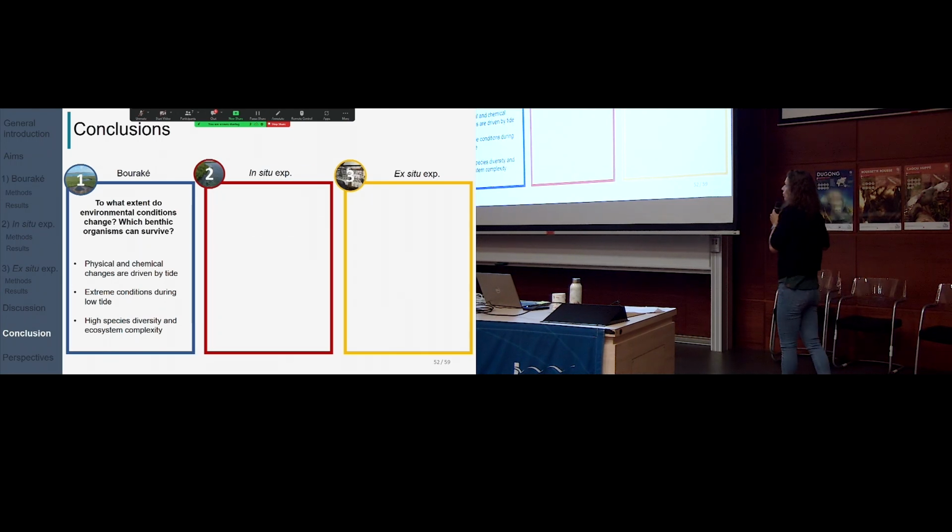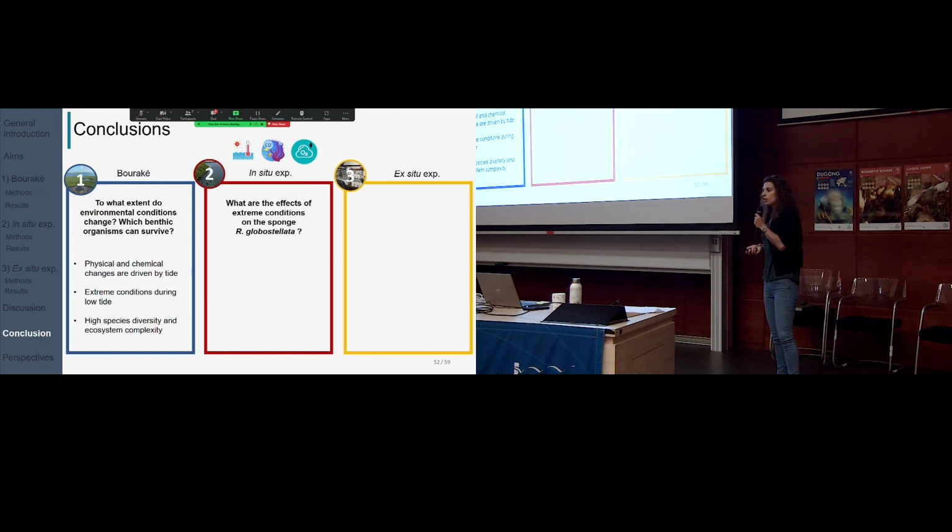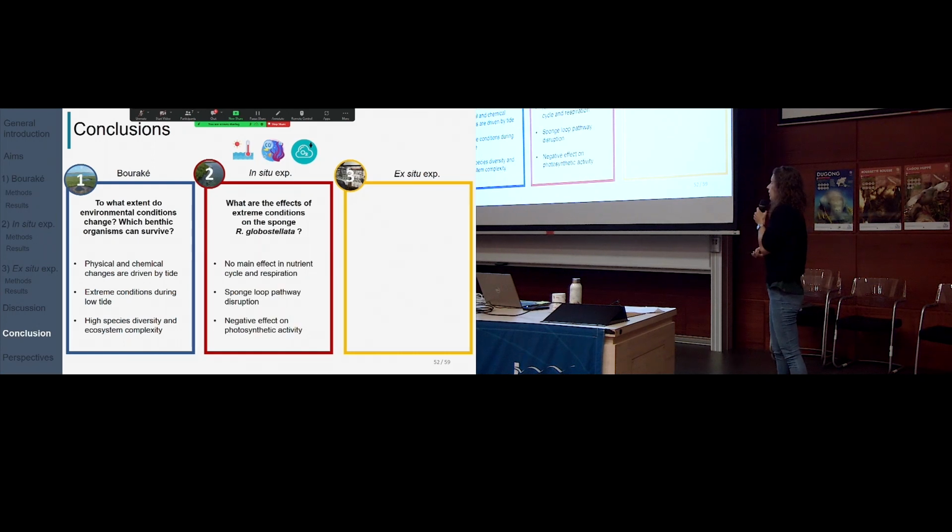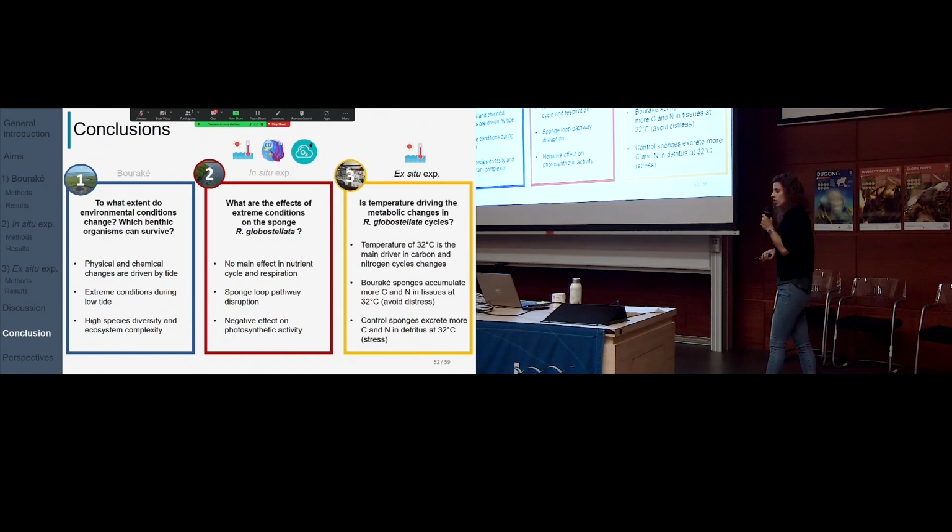I also bring the first insight into the effect of extreme environmental conditions on sponge metabolism, with a main effect on silicate and carbon cycles, and then a disruption of the sponge loop pathway. And finally, I found that a temperature of 32 degrees causes a change in sponge carbon and nitrogen recycling, with a possible cascading effect on the whole coral reef.